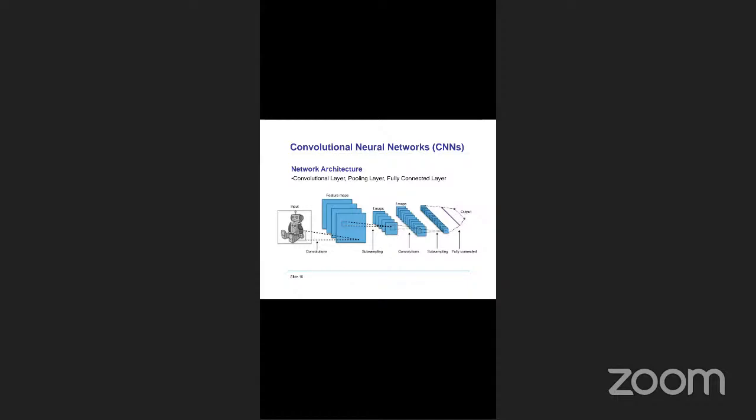Again, we do subsampling, or we can call it downsampling or upsampling. Again, followed by convolution, and again subsampling. Finally, the image is reduced to a very small picture, which we feed to the neural network. The neural network will recognize the object, what exactly the object in the picture is.